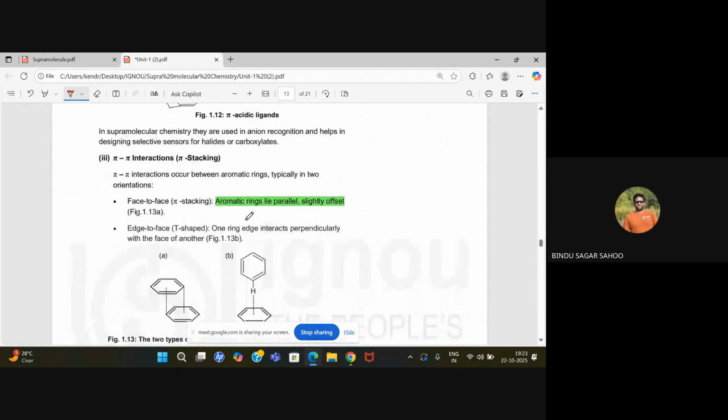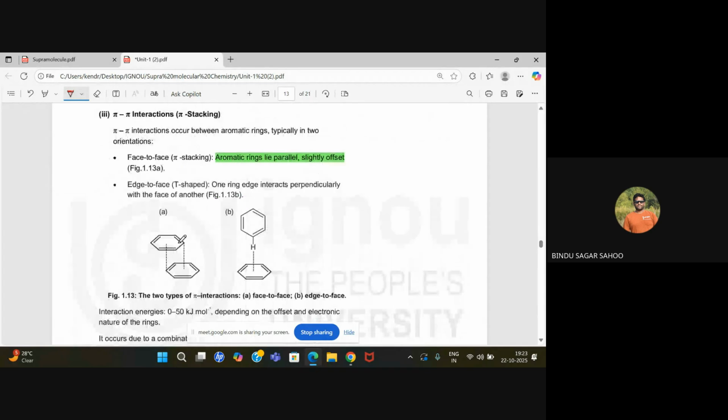So here you can imagine not only one benzene ring is present, but a lot of benzene rings are present in a plane, and here another plane is also present. In between these two planes, the pi electron of one plane will get attracted towards the pi electron center of the other rings. So these types of interaction are called pi stacking interactions.